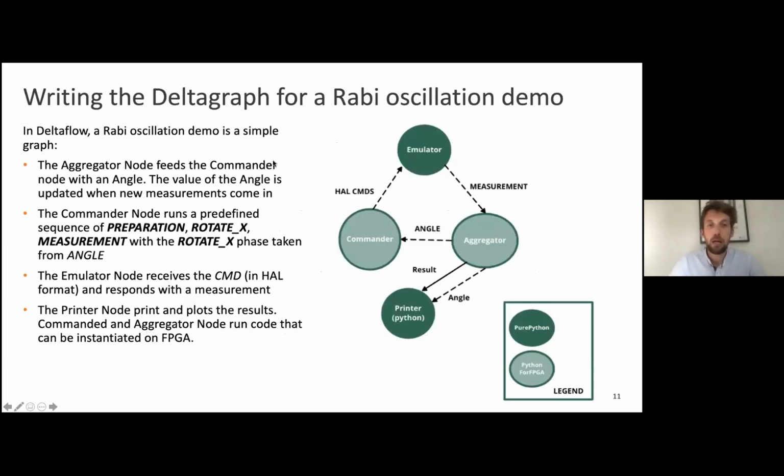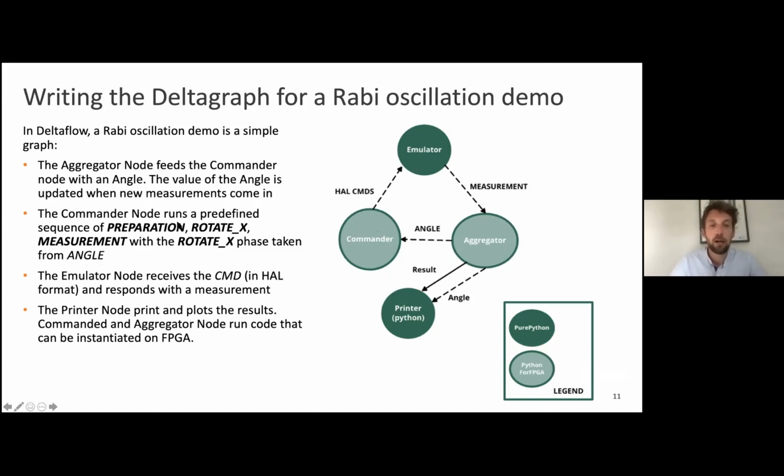Everything in this demo will rotate around this Rabi oscillation, which can be depicted by this graph. It comprises 4 nodes, the circles are nodes, and what it does is basically send a sequence of commands that respect the abstraction layer specifications, from commander to emulator.